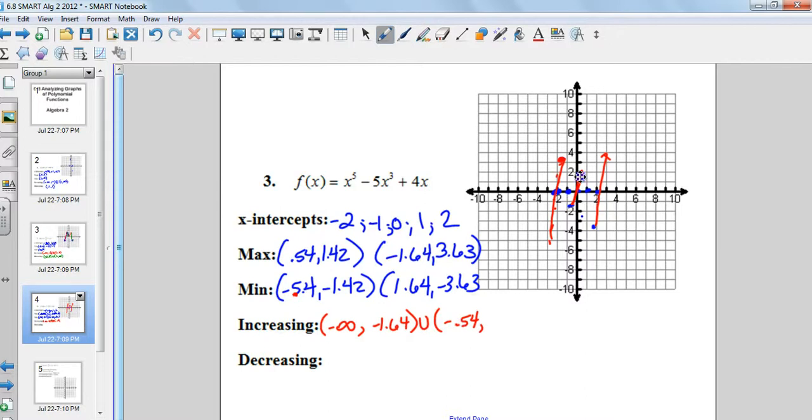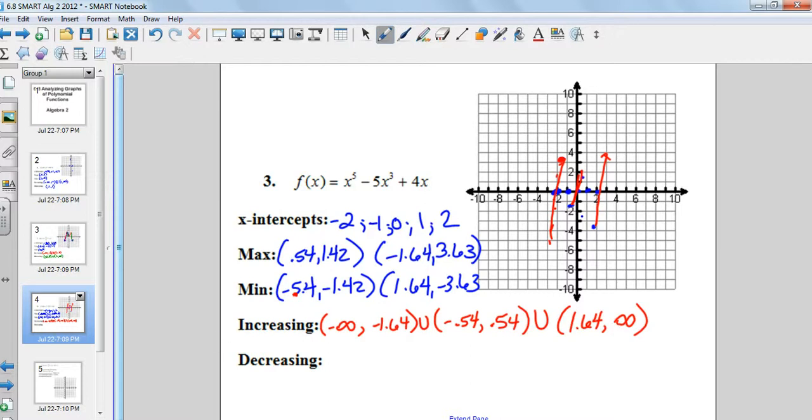And then it increased until it got to positive 0.54. And then it stopped increasing for a minute, and then it increased again once it got to 1.64, and then continued to increase for the rest of its little polynomial career.